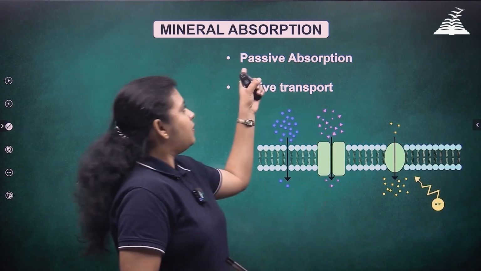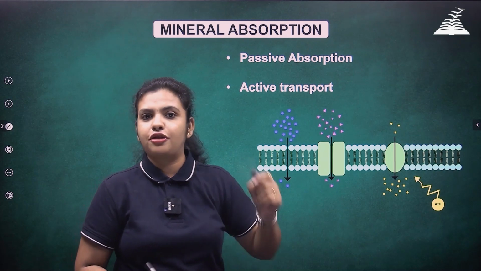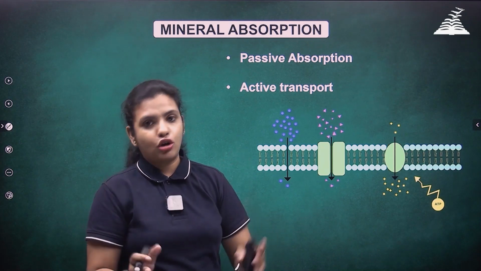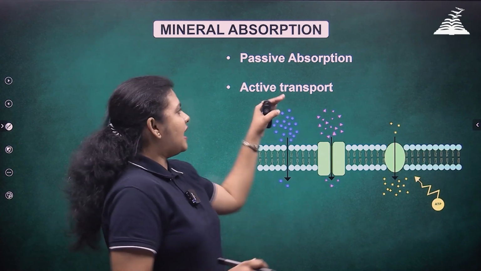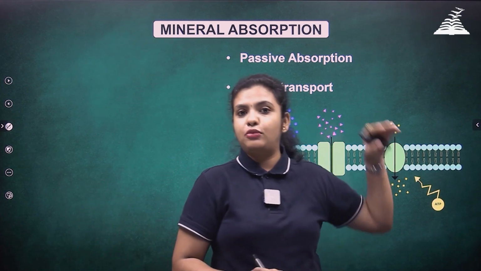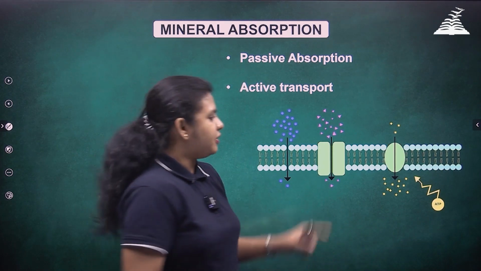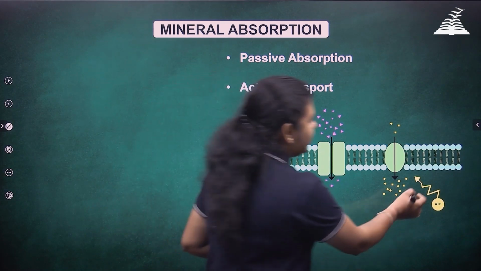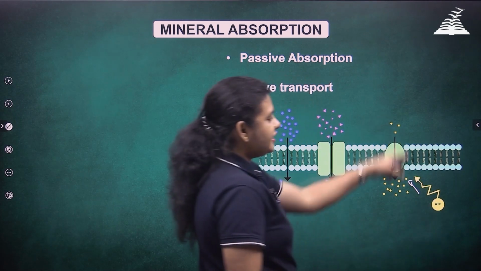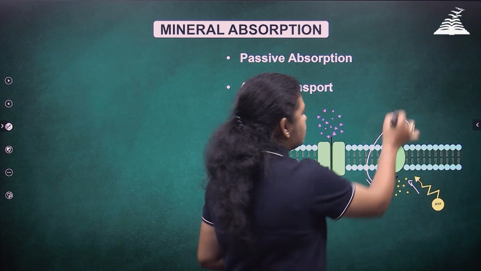When you talk about passive absorption, it is either by diffusion or facilitated diffusion, with no usage of ATP. Active transport is against the concentration gradient, from lower concentration to higher concentration. So they use ATP. In the images you see here, ATP enters in the third diagram, and molecules go from lower concentration to higher concentration.